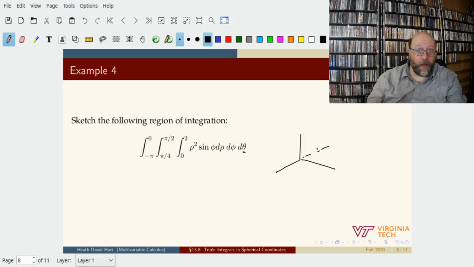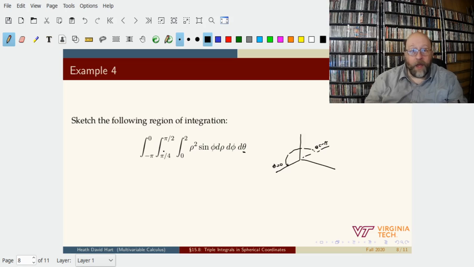And so my angles for theta are back here. This is theta equals negative pi up to theta equals 0. So whatever we're looking at is on the negative y side of this graph.